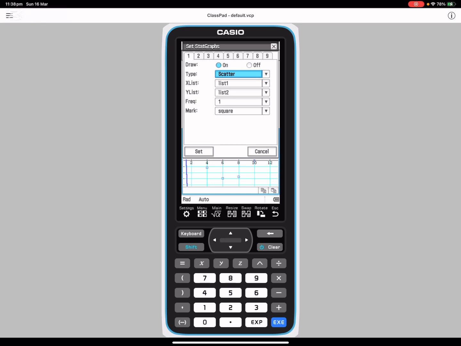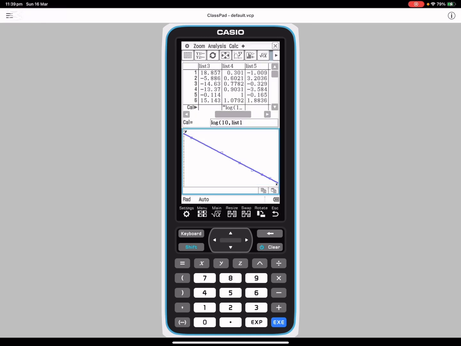So from the original EV versus RV, I've now changed the X to log of X. I put the log of X in list 4, right? I didn't do anything to the Y list, so that stays the same, okay? I go set, and that's my new graph, my new transform graph.